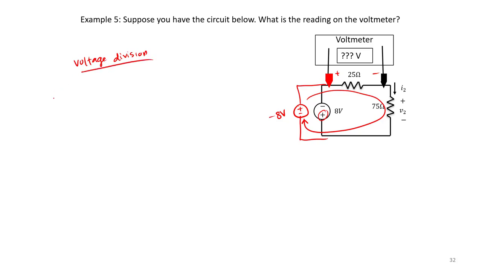So we know that the voltage across the resistor of interest, which is in series, is equal to the resistance of that resistor.